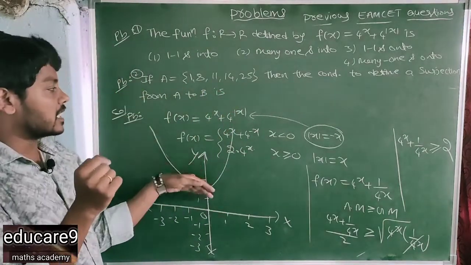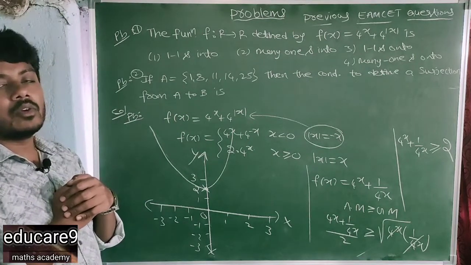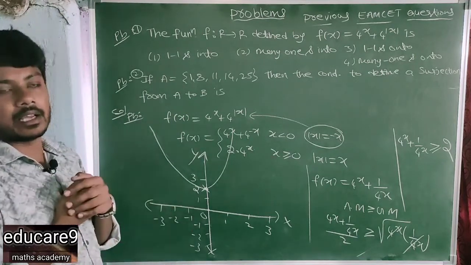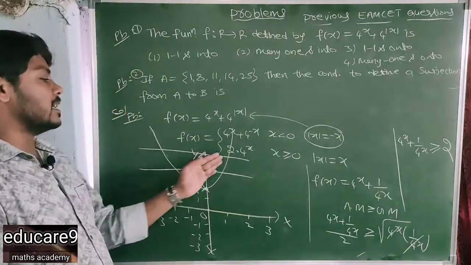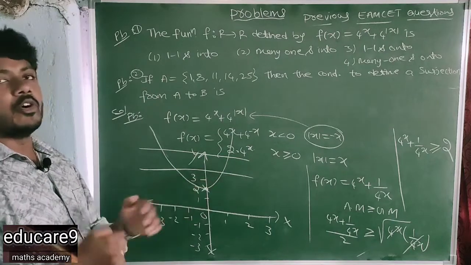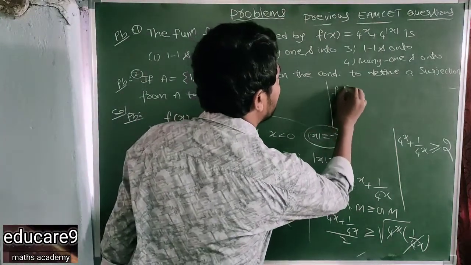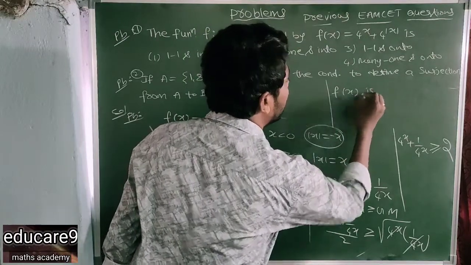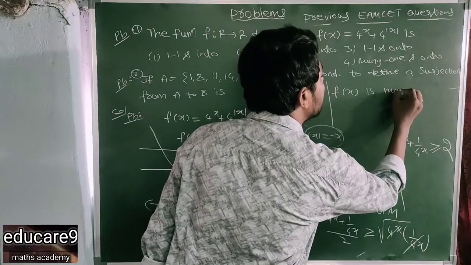Okay, this is the graph of the given function. Now for this function, we have to draw the horizontal lines. So this horizontal line touches the given graph at more than one point. So in this case, f of x is not one-one, it is many-one.